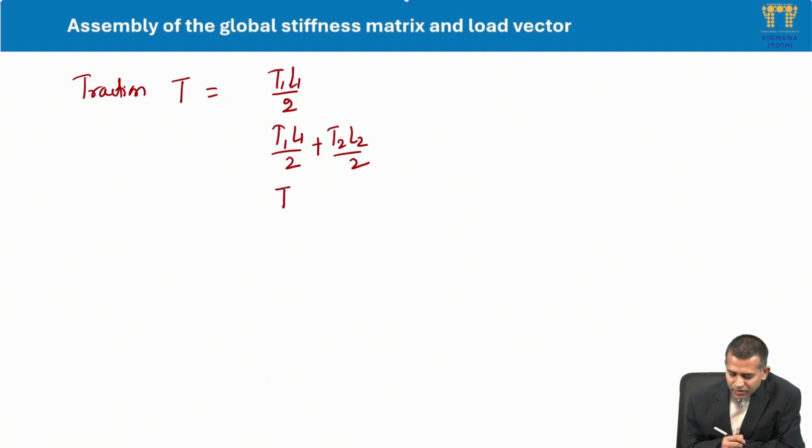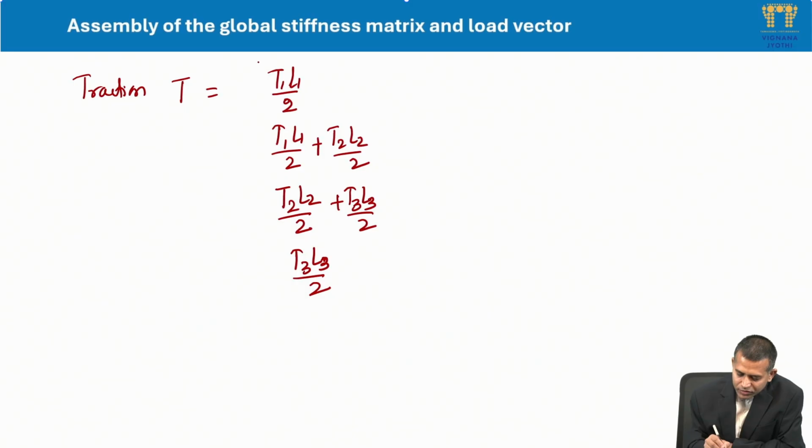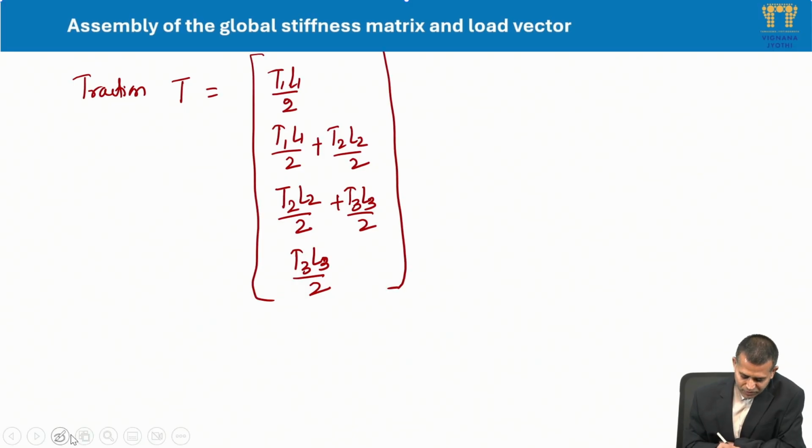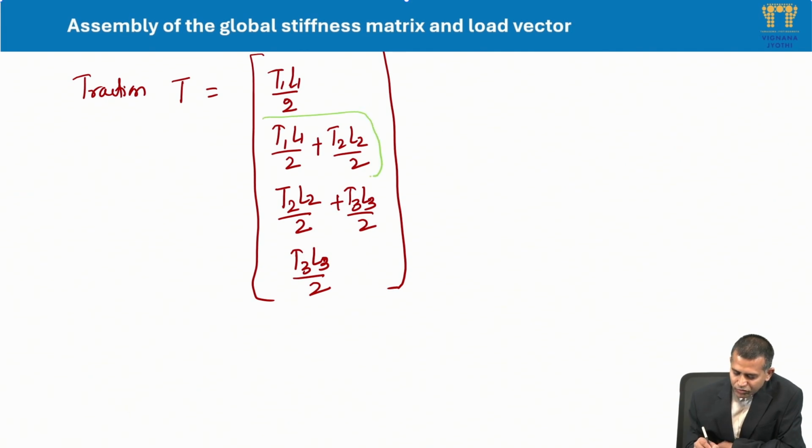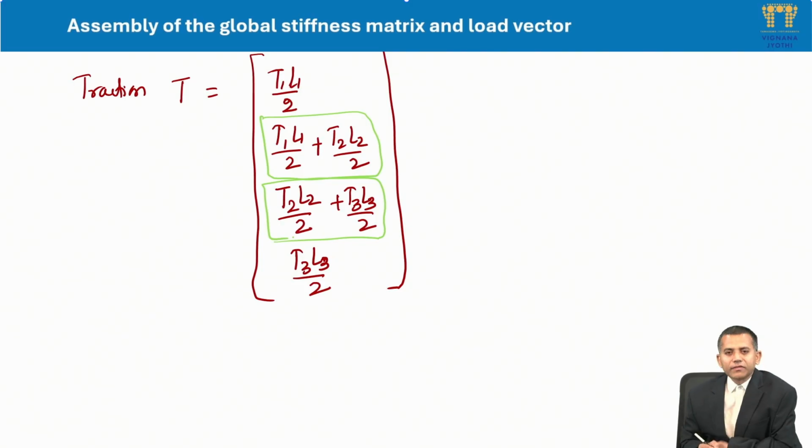And at node 3 you are getting T2 L2 by 2, and again you are getting from the third element, so that is T3 L3 by 2. And at the fourth node we have only T3 L3 by 2. So that's why you can write the traction in this form. Again here also it is the same, because of the connectivity at node 2 you have 2 values, and at node 3 you have 3 values.